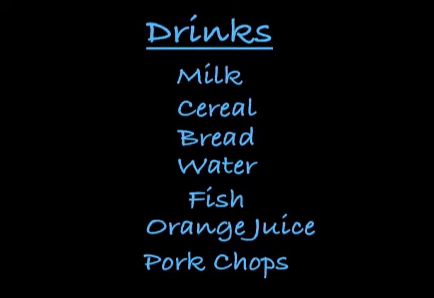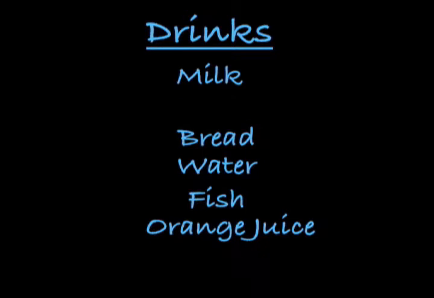We'd take the original grocery list and remove the cereal, the pork chops, the fish, and the bread, and what we have left is a list of drinks that include the milk, the water, and the orange juice. This list was constructed from the original grocery list. The list of drinks is a subset of the list of groceries.